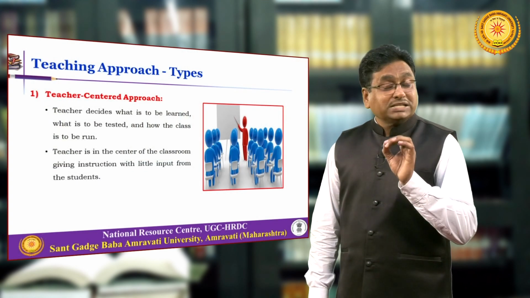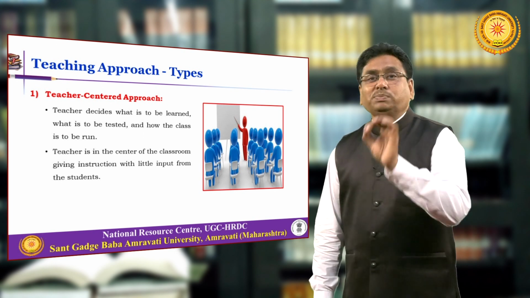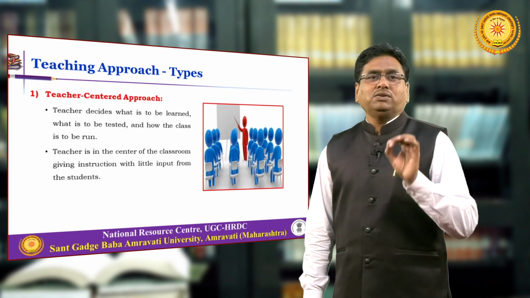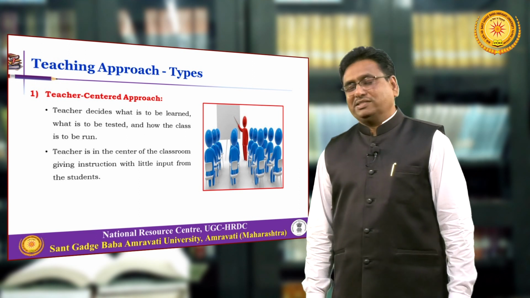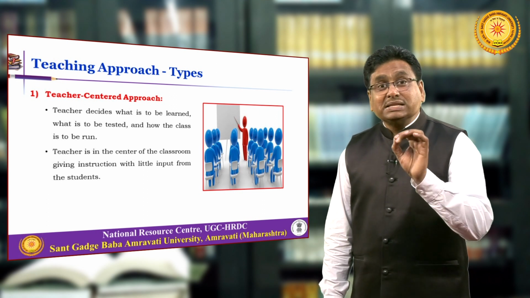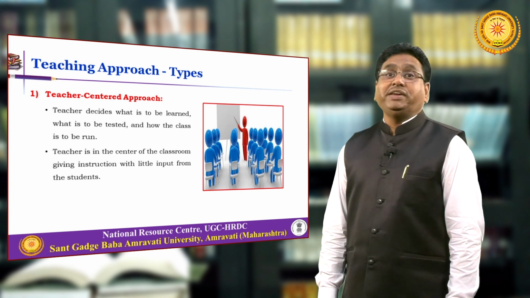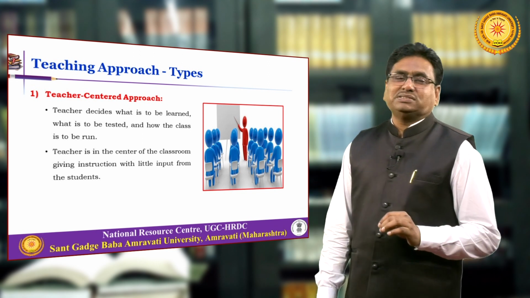The first approach is the teacher-centered approach. In this approach, the teacher decides what is to be learned and what is to be tested and how the class is to be run. Often the teacher is in the center of the classroom giving instruction with little input from the students.